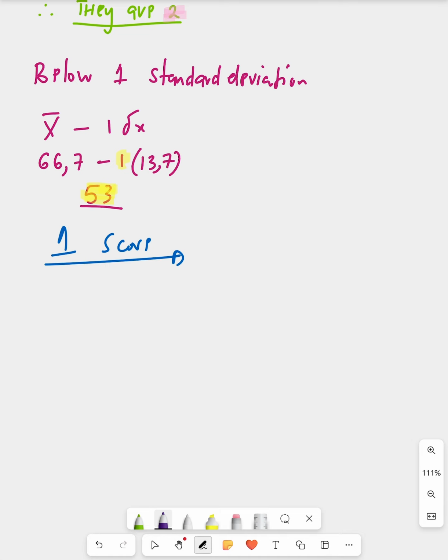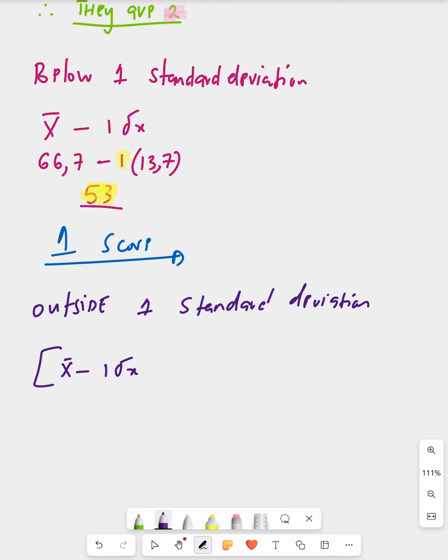Outside 1 standard deviation, we use x bar minus 1 standard deviation, and the upper limit is x bar plus 1 standard deviation.